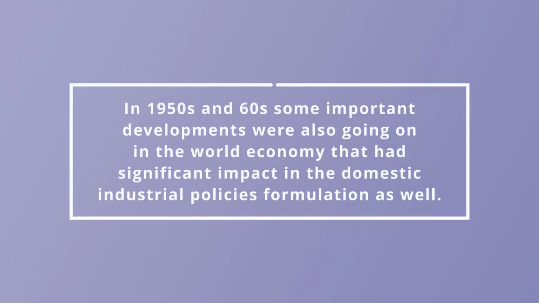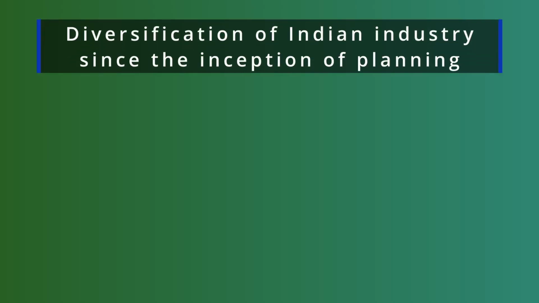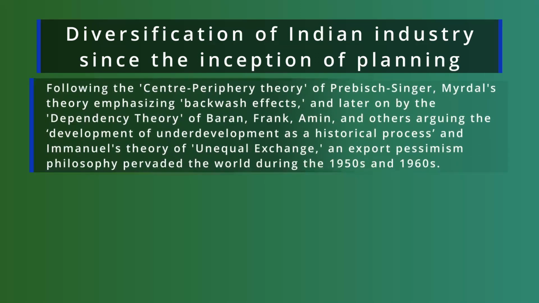Now, we are talking about the period of the 1950s and 1960s. Some important developments were also going on around the world economy, and they had a significant impact on domestic industrial policy formulation as well. This is the time when an export pessimism philosophy influenced the world economy.